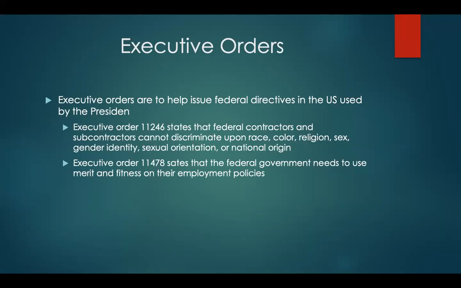It states that federal contractors and subcontractors cannot discriminate upon race, color, religion, sex, gender identity, sexual orientation, or national origin. The second is Executive Order 11478. It states that the federal government needs to use merit and fitness in their employment policies.